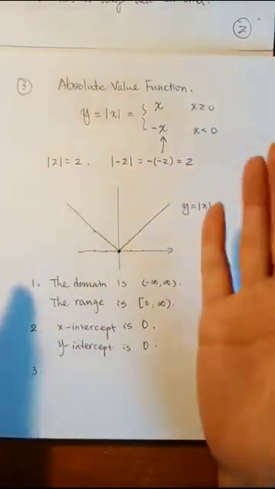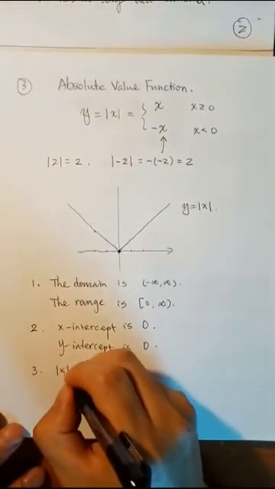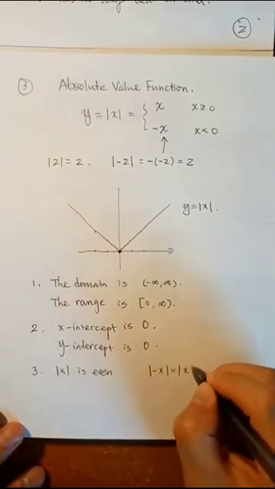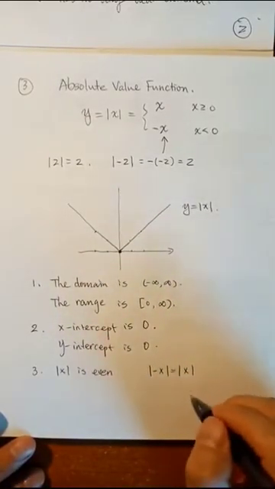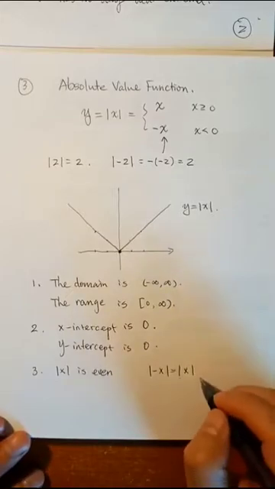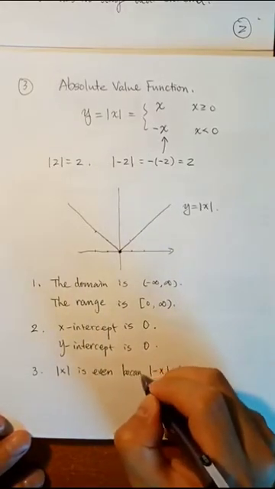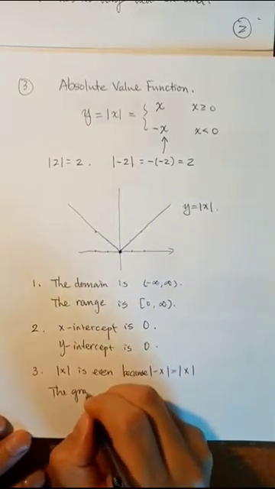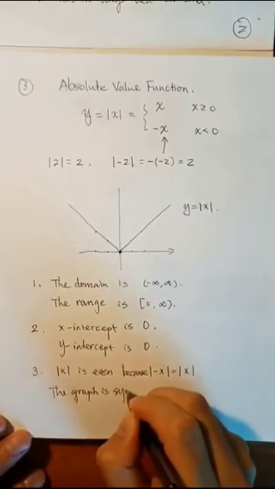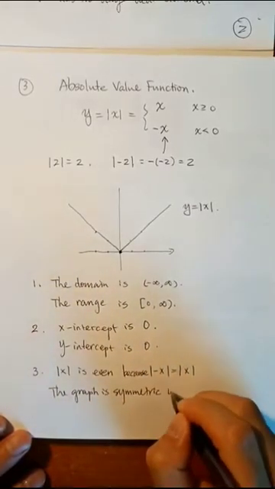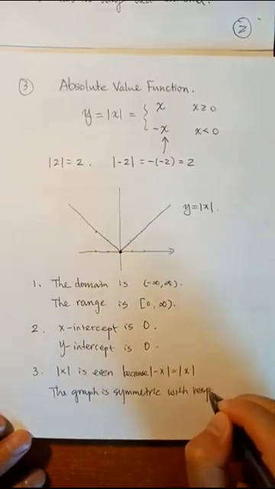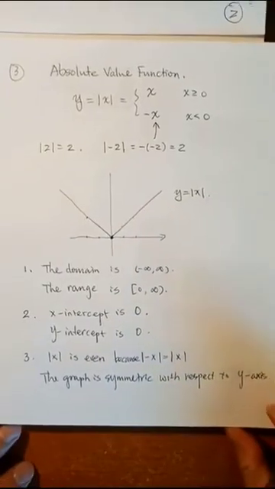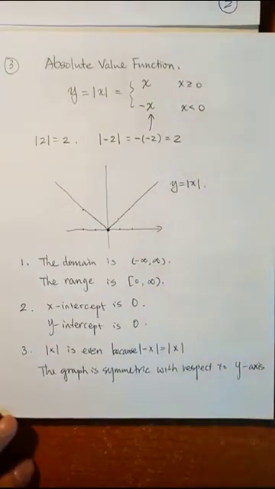The absolute value function is an even function because if you put a negative sign or you don't put a negative sign, you never change the value. Because it is an even function, the graph is symmetric with respect to the y-axis.